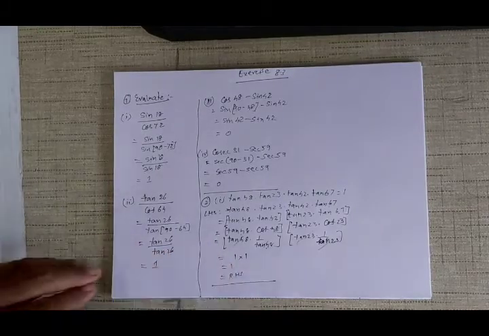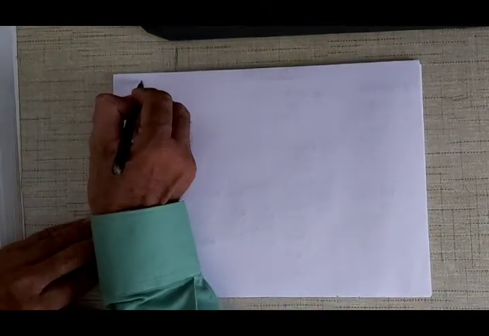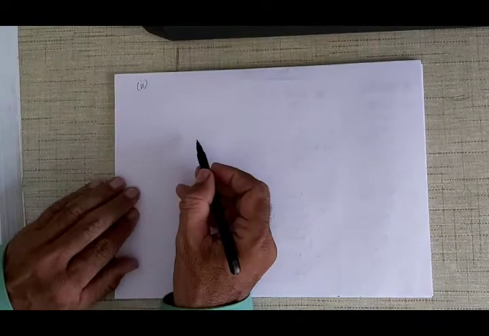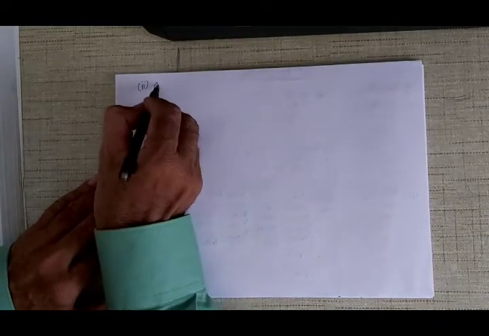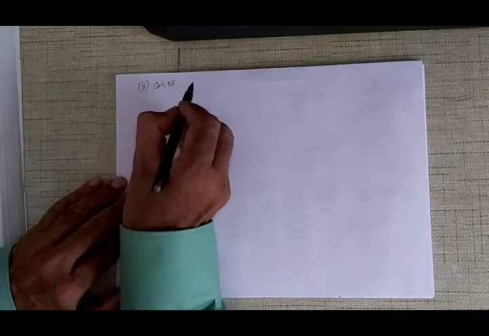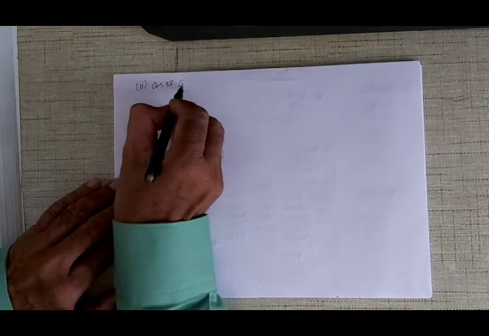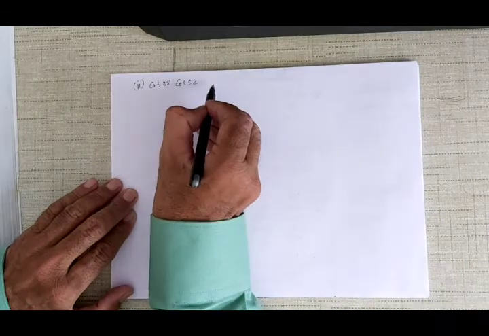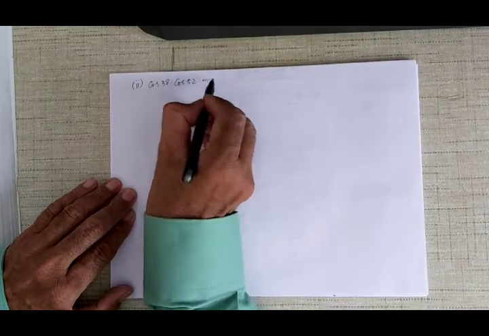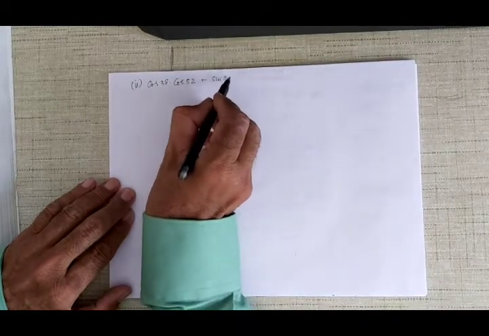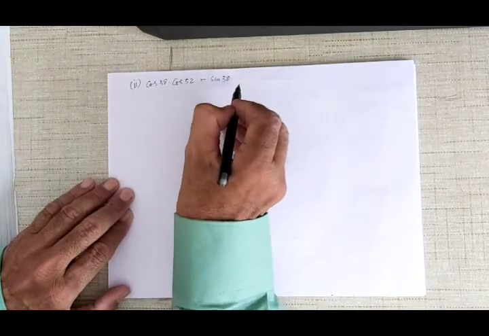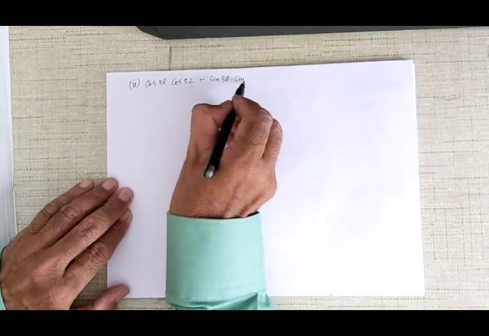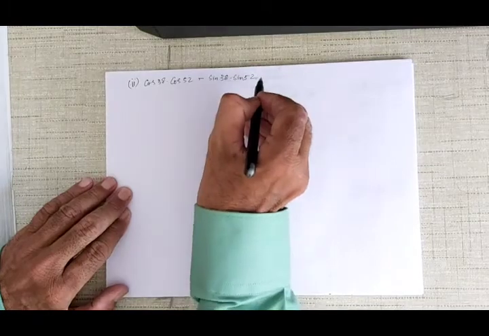Now let us see another one, which is also of a similar type. All right, let us see the second one. Second one says cos 38 cos 52 minus sin 38 dot sin 52, and that is equal to 0.